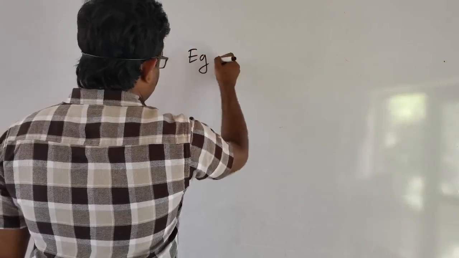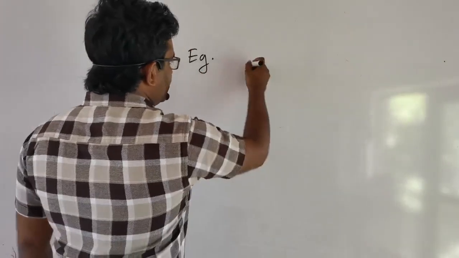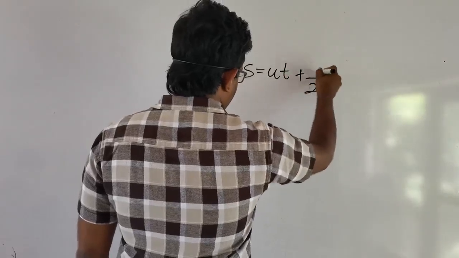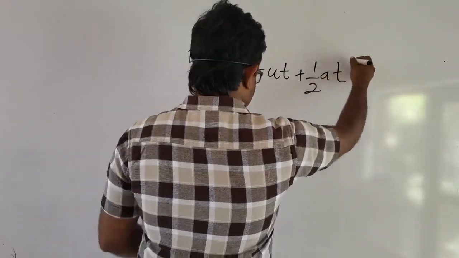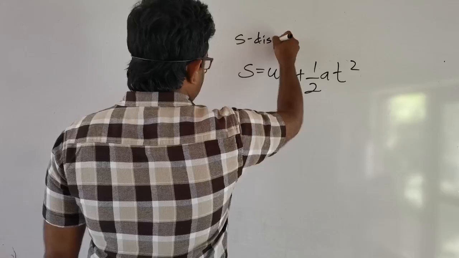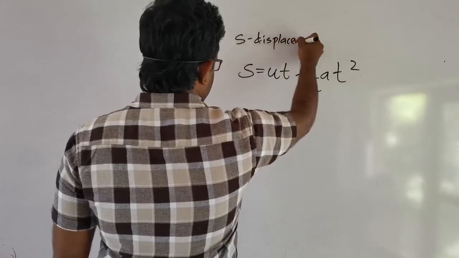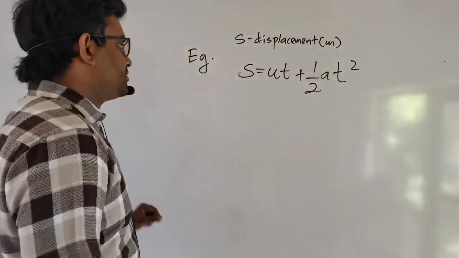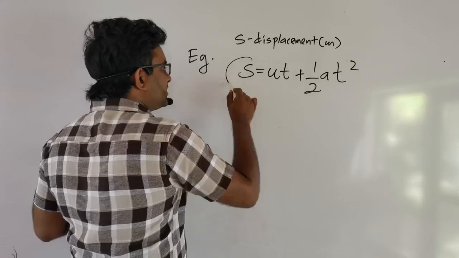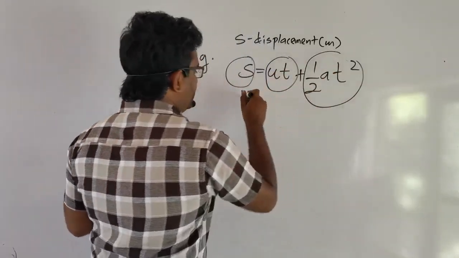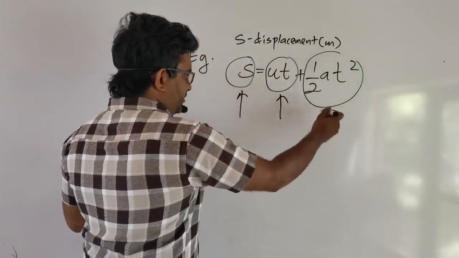We write an example: S equals ut plus half at squared. S means displacement, and you know that unit is m. How many terms are there? Here we have 3 terms.